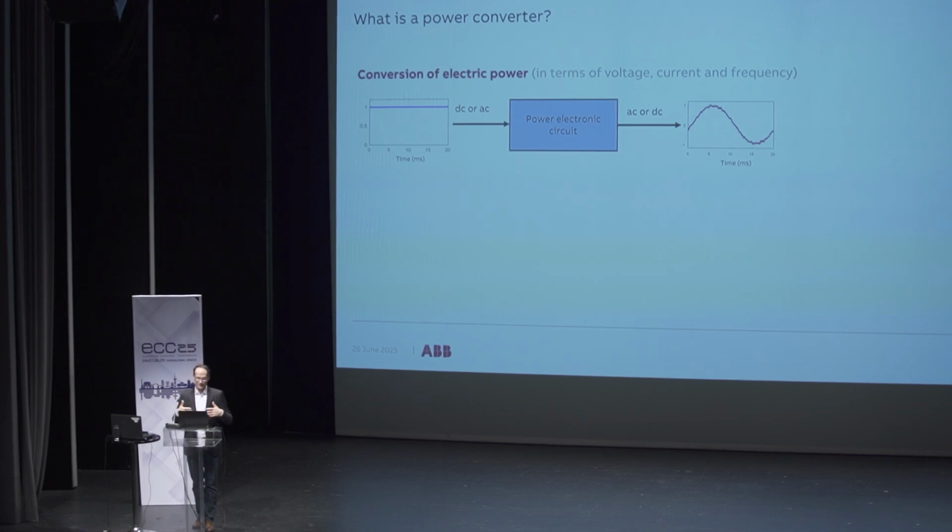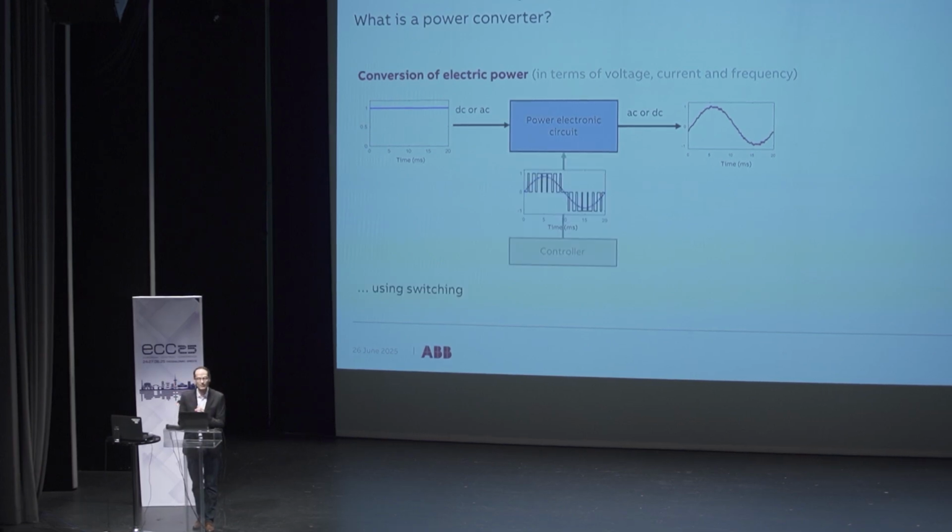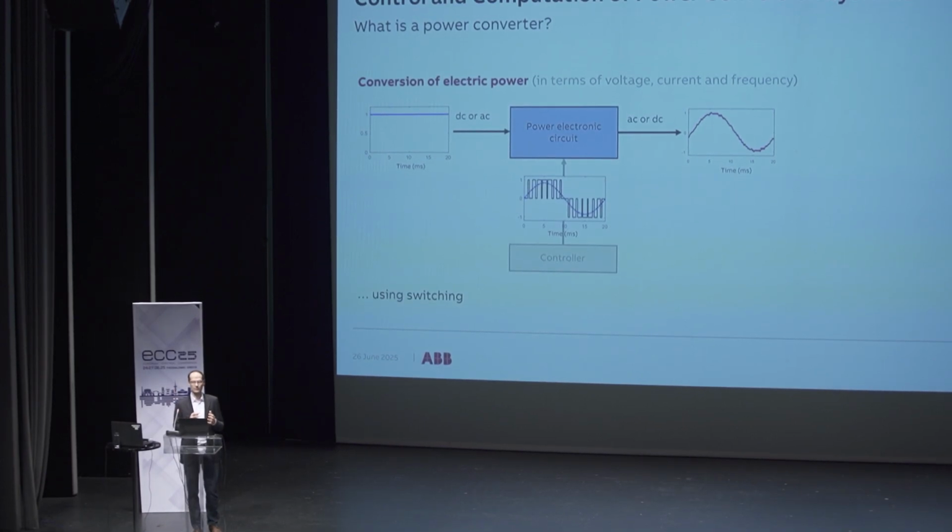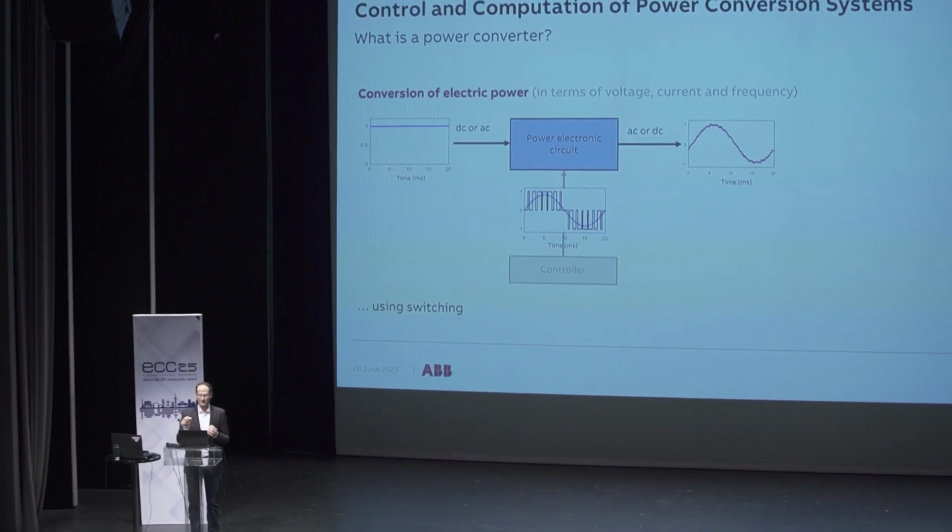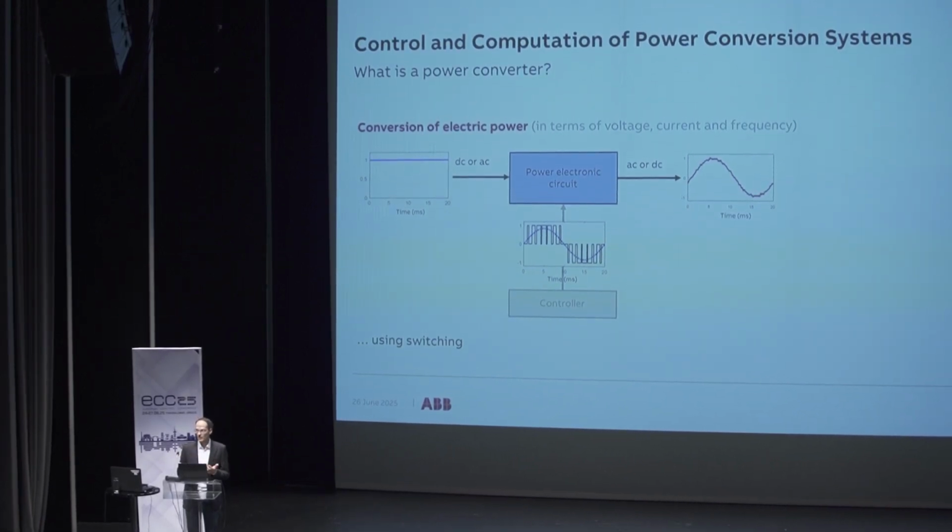And because it's high power, you cannot use a linear amplifier, so you will always try to approximate sinusoidal waveforms using switching. You will always operate your semiconductor devices in the on-off mode, not in the linear mode. So it's intrinsically a switched linear or nonlinear system. And that, at least from a control point of view, makes it very interesting, if not to say challenging.